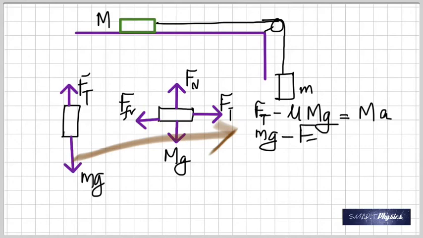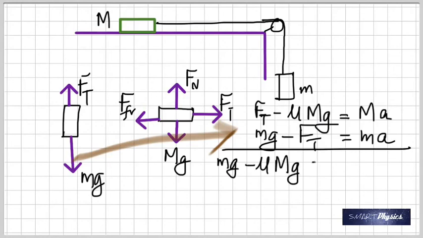For the hanging object, this force is greater than Ft because it's going down. So mg minus Ft is equal to its mass times acceleration. Add the two equations, the Ft's cancel out. On the right hand side, a is common between the two, so that's taken out.